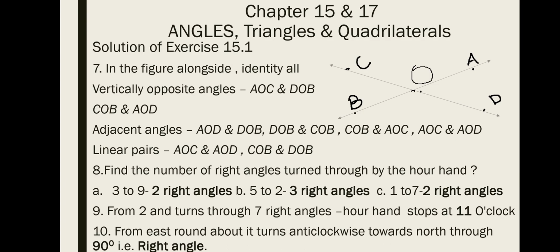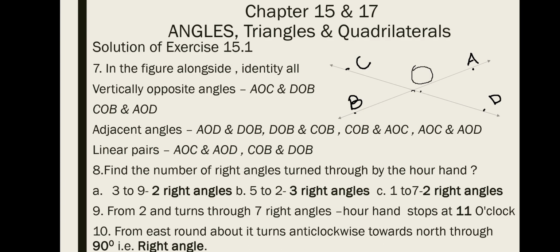There are two pairs of vertically opposite angles. Adjacent angles: AOD and AOC, and also AOD and DOB. Then also COB and AOC, and AOC and AOD. So there are four pairs of adjacent angles.